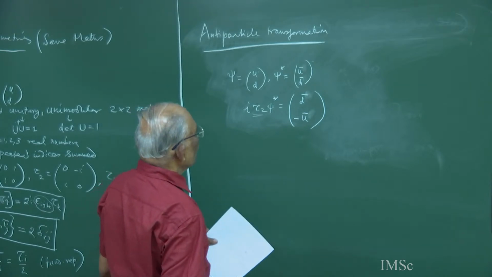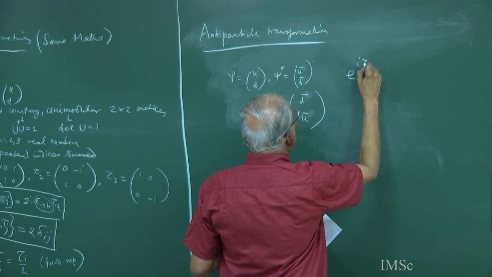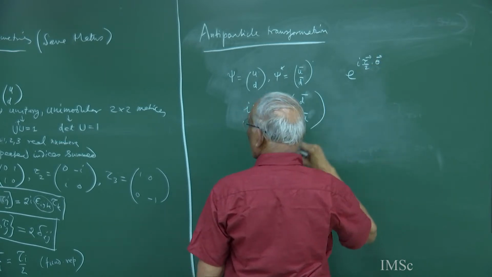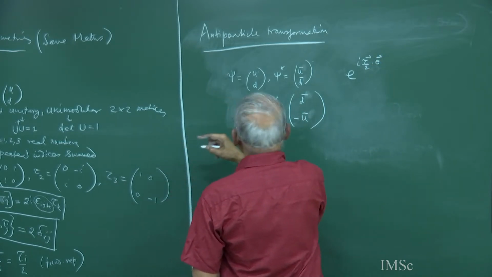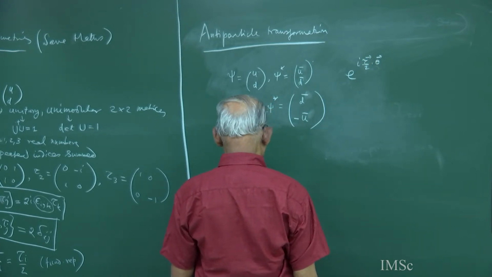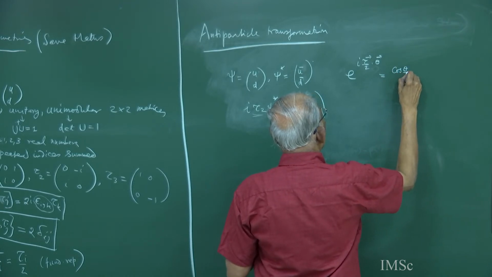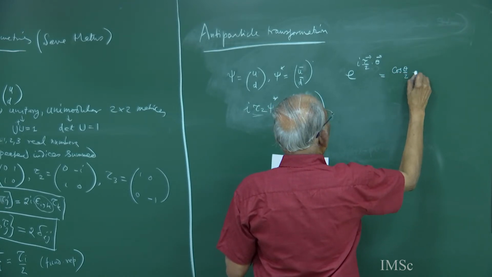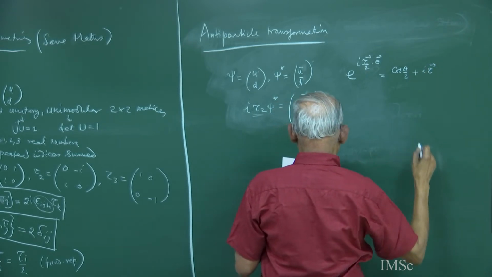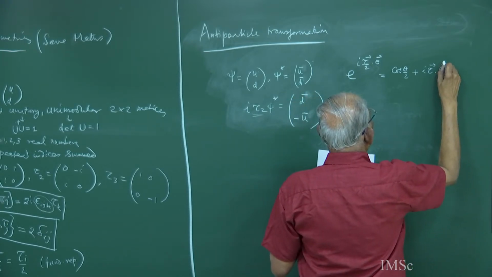For that, it depends on this identity: e to the power i tau, now I am using a different notation, tau i theta i summed over, I am calling it tau dot theta, scalar product in isospin space. Prove that this is equal to, this is a very useful identity, cos theta by 2 plus i tau dot theta.